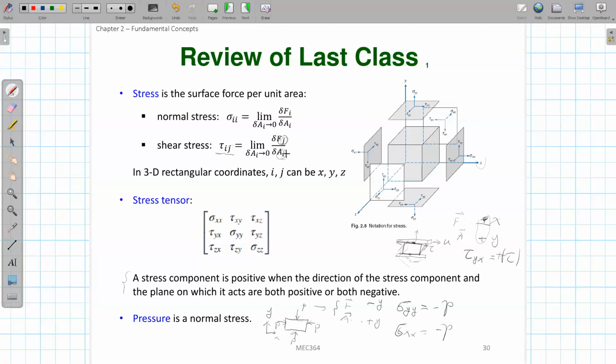You know what I'm talking about? Even if the force is positive, if the area is negative, then tau is negative. If the force is positive and the area is positive, then it's positive. If the force is negative and the area is negative, they are both negative, then it is still positive. So you cannot use just one direction to determine this. You have to consider both the direction factor of the force and the direction factor of the area.